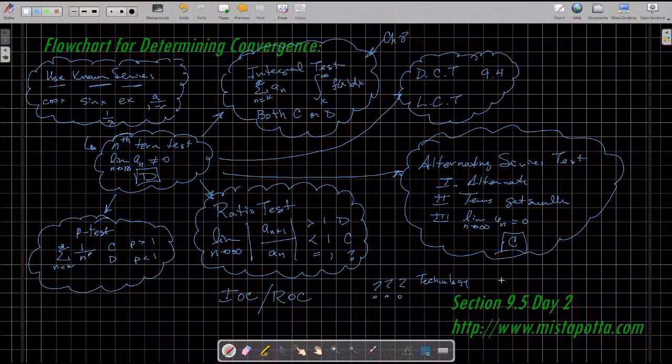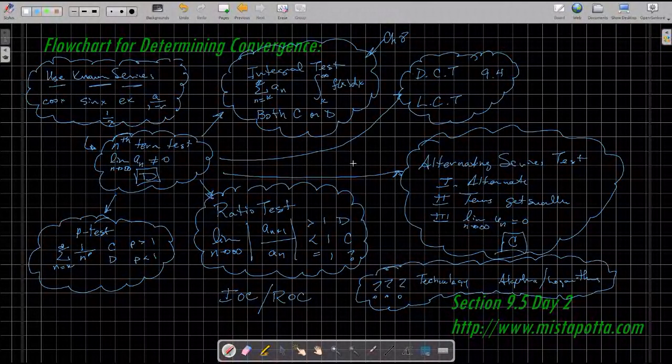We need to use algebra or logarithms to try and simplify that. But we're really going to have to try and find some clever way of attacking these problems.